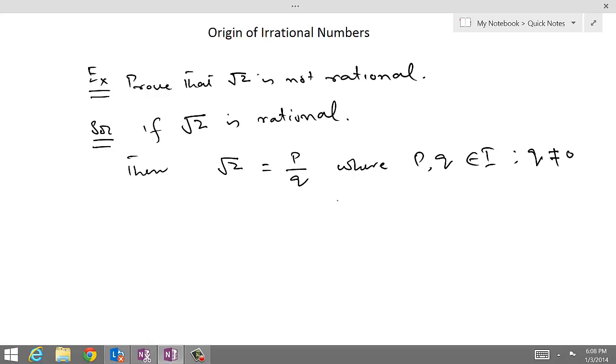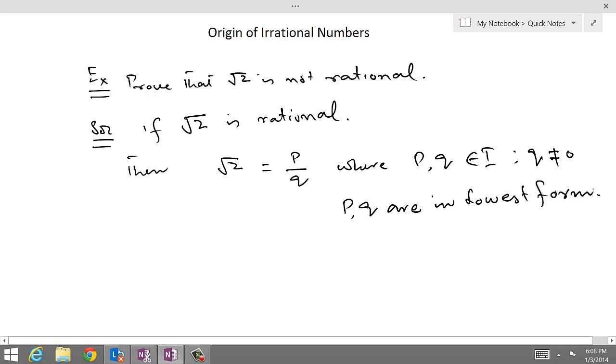But here we further assume p, q are in lowest form. Lowest form means that there is nothing common between p and q. They are in the simplest form; p and q do not have anything in common other than 1.